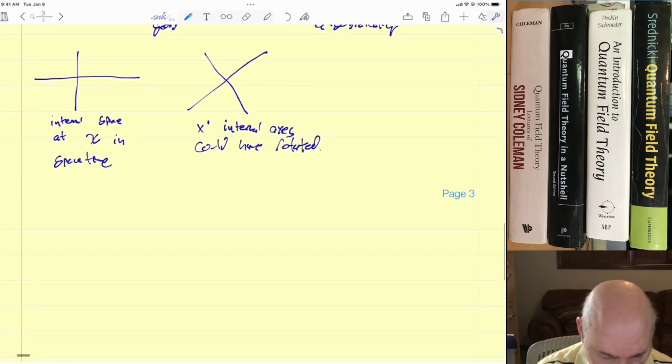So in order to compare, to form a covariant derivative, we have to take into account this rotation.